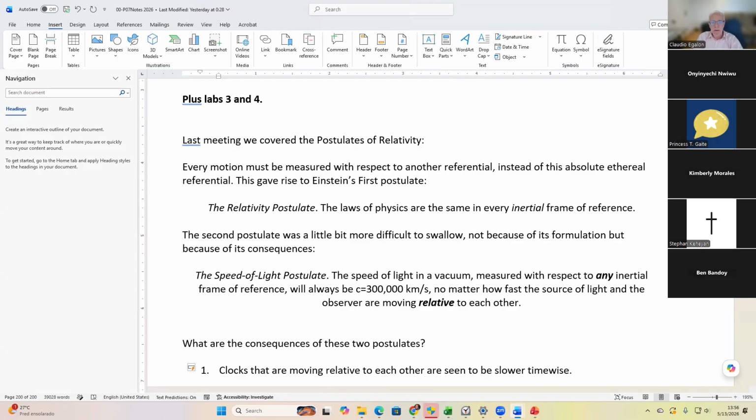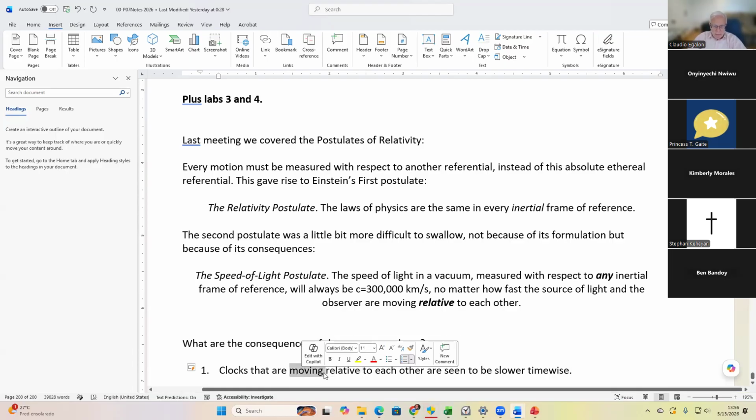So that's what it means. Clocks that are moving relative to each other. Moving, that's the important part: moving relative to each other. That's the key, right?